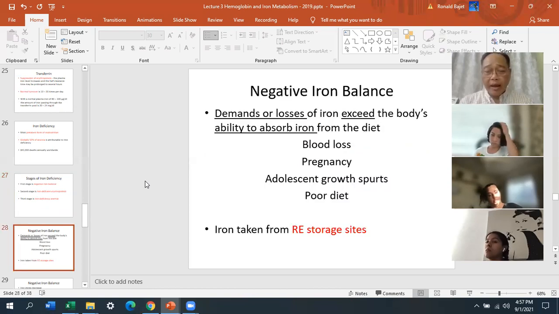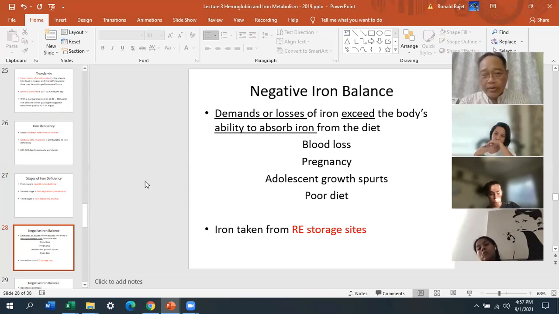So negative iron balance can be as simple as the demands or the losses of iron. So you lose iron for whatever reason greater than the amount of iron that you're replacing. So conditions like blood loss, pregnancy, adolescent growth spurts, or poor diet can create a negative iron balance.